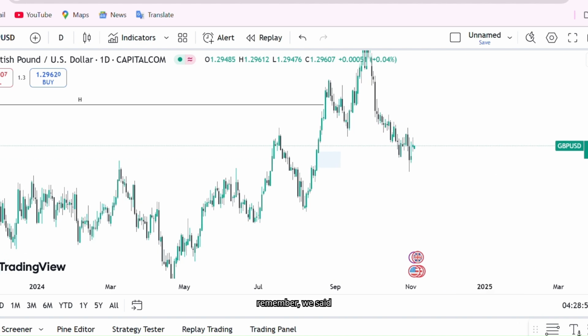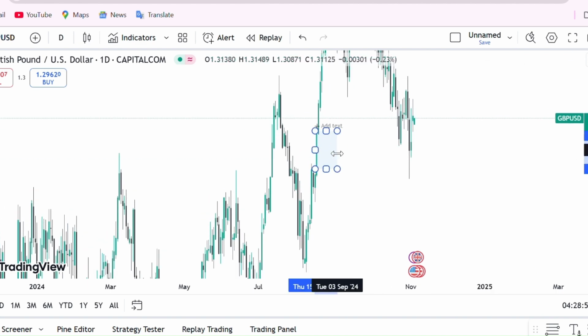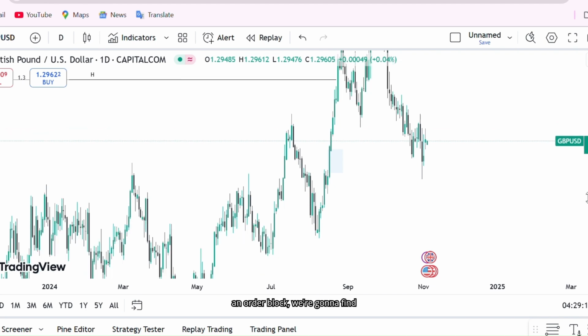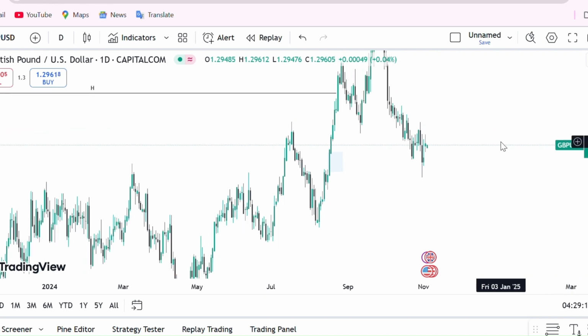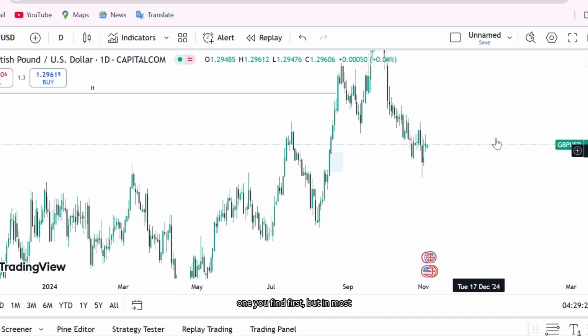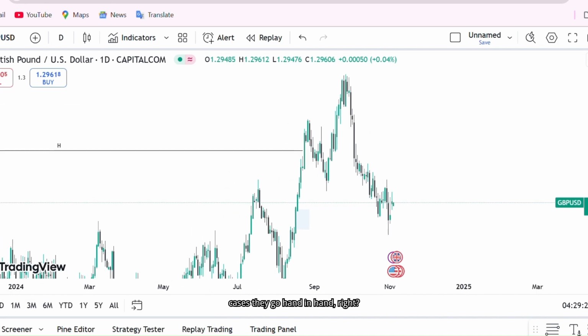And remember, we said most of the time a fair value gap is preceding an order block, right? Meaning in simple terms, wherever there's an order block, we're gonna find a fair value gap right after the order block, right? So it doesn't matter which one you find first, but in most cases they go hand in hand, right?